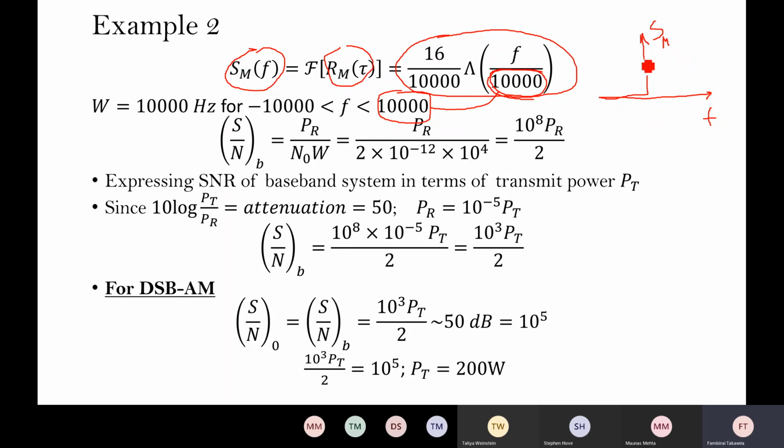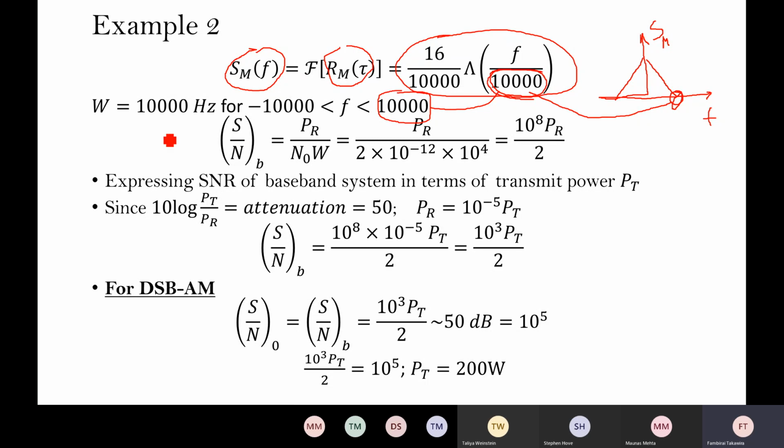Then all we're saying is that our power spectral density is a triangular function that does this and does that. And this value here is 10,000. It's given by that value there. So that's the power spectral density of the baseband signal.